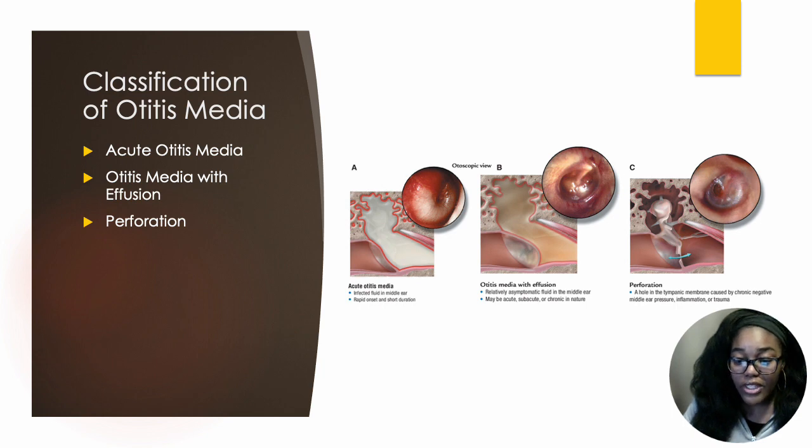And in perforation, there's a hole in the tympanic membrane, and it's caused by negative air pressure in the middle ear. It can be caused by trauma, such as somebody getting hit in the ear, or inflammation. So make sure you know the differences between the different classifications of otitis media.